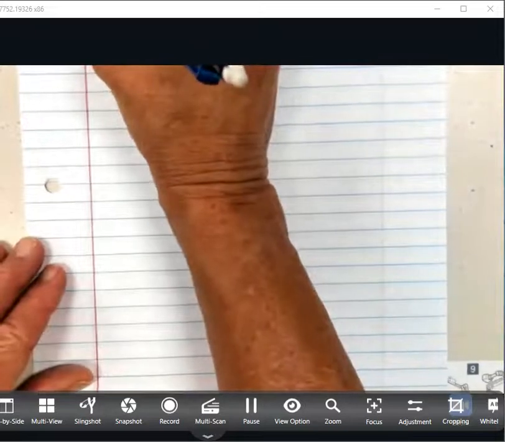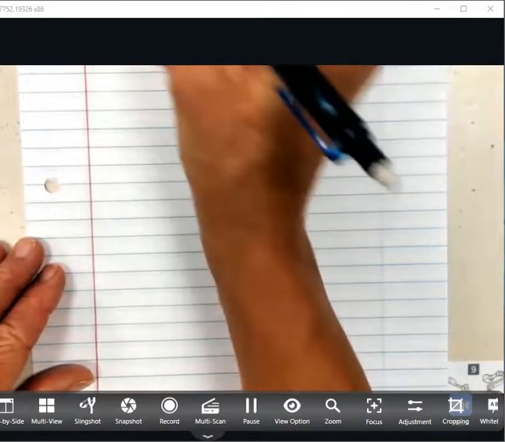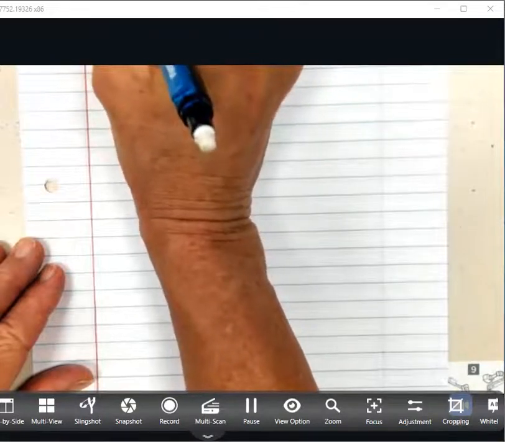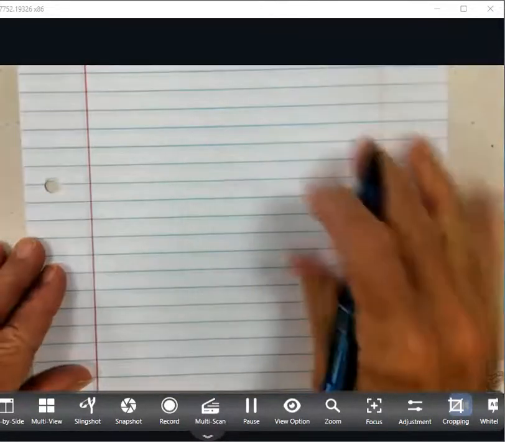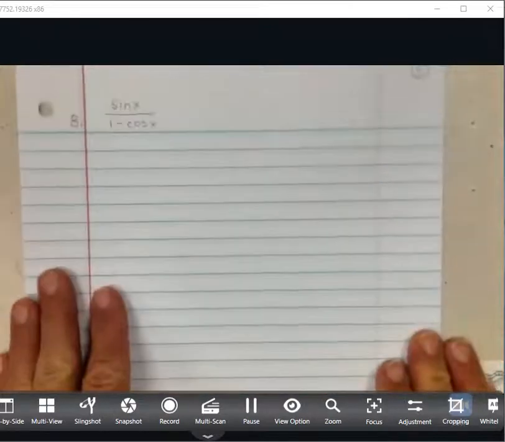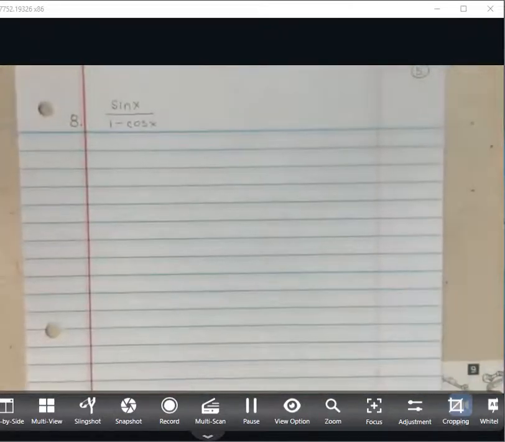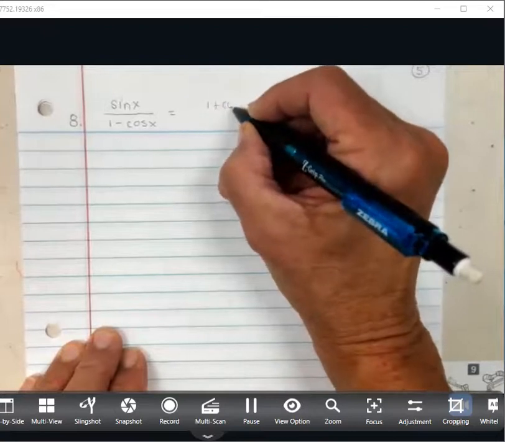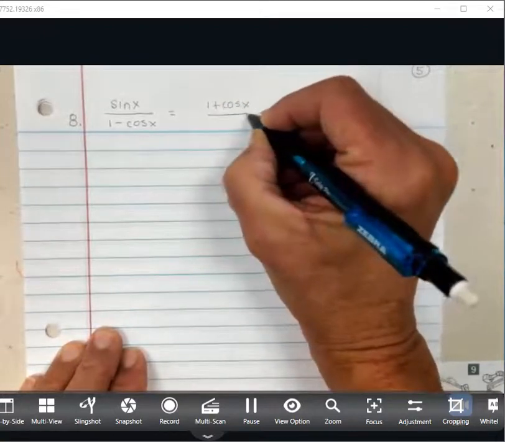Problem number 8 says that if you divide the sine of x by 1 minus the cosine of x, you should get the same thing as if you take 1 plus the cosine of x and divide it by a sine of x.